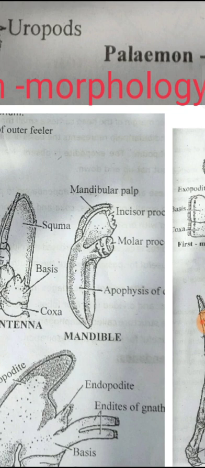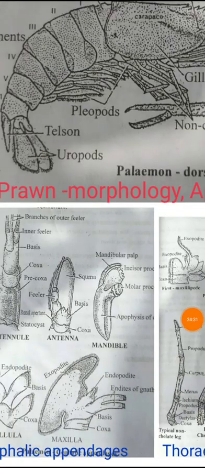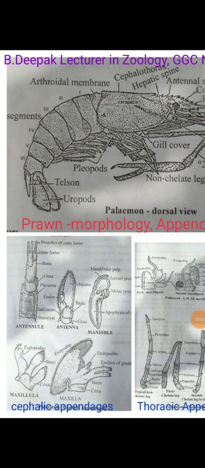These are the openings. And the appendages: there are the cephalic appendages, that is the antennules, antennae, mandibles, maxillae and second maxillae. So these are the cephalic appendages, and tomorrow we will discuss the thoracic appendages and the abdominal appendages.